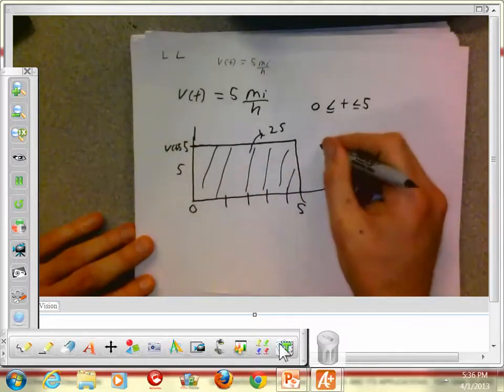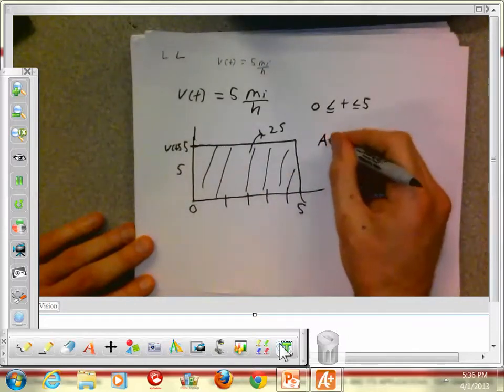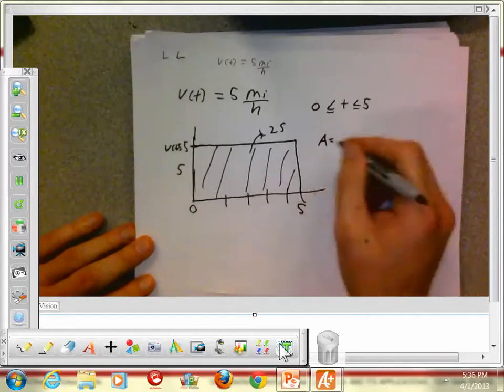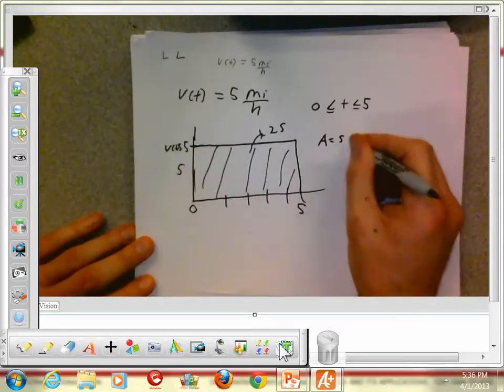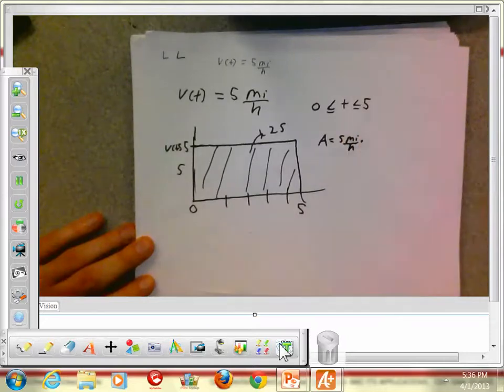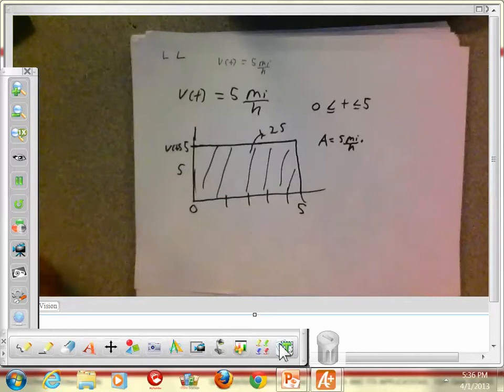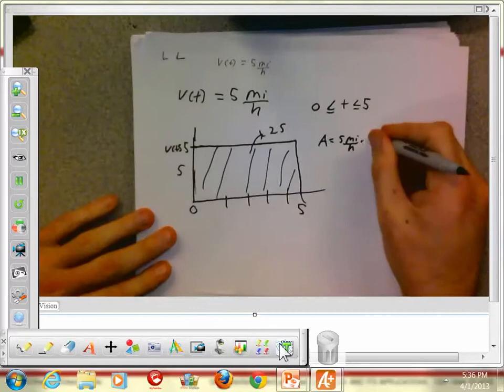So the area in here, I'll just put A for area, is equal to 5 miles per hour times what? What's the base of the rectangle? Well, 5 hours, not 5 seconds. So we're multiplying by 5 hours.